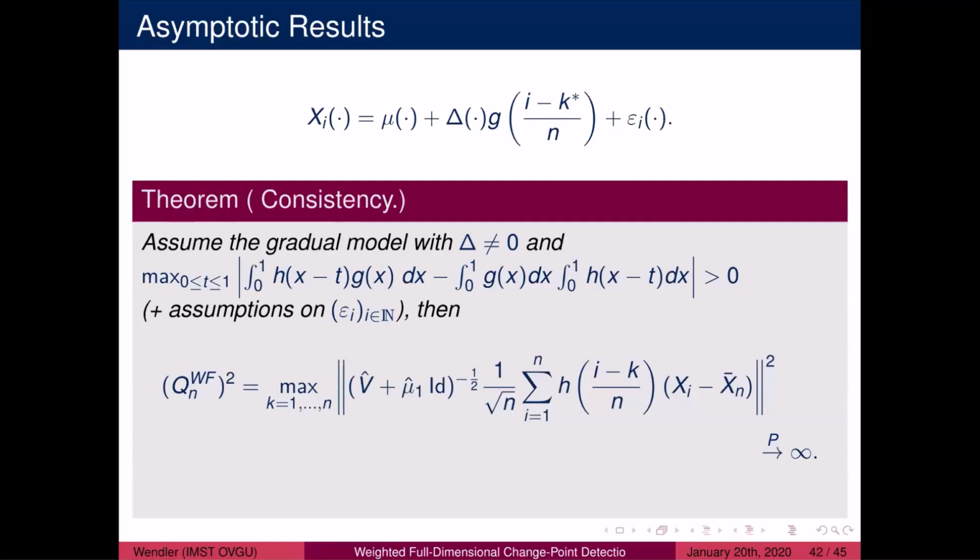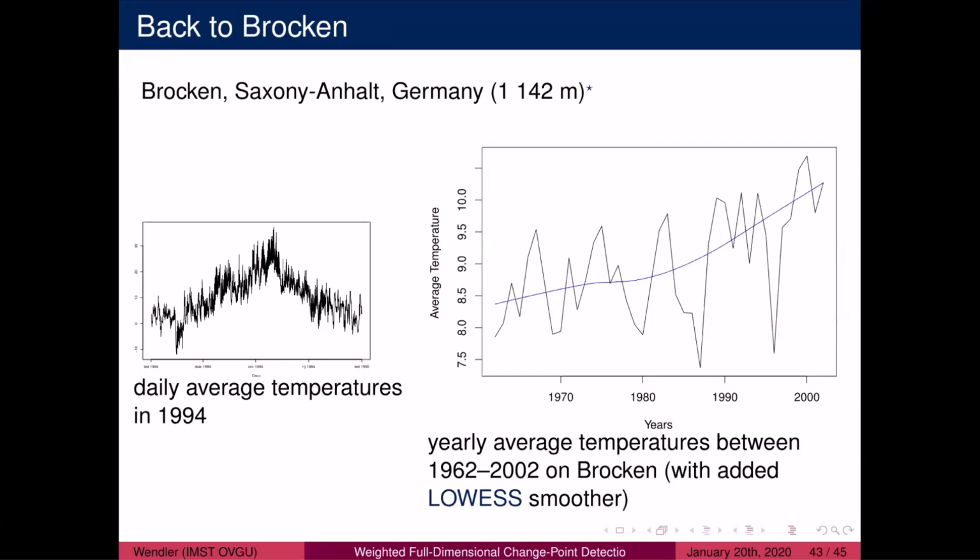Then we have a consistency result, so the test statistic goes to infinity under the alternative. Here we have to make some assumption, which basically is that there is a little bit of correlation between the real g and the h. It doesn't have to be the correct function, but it shouldn't be totally uncorrelated.